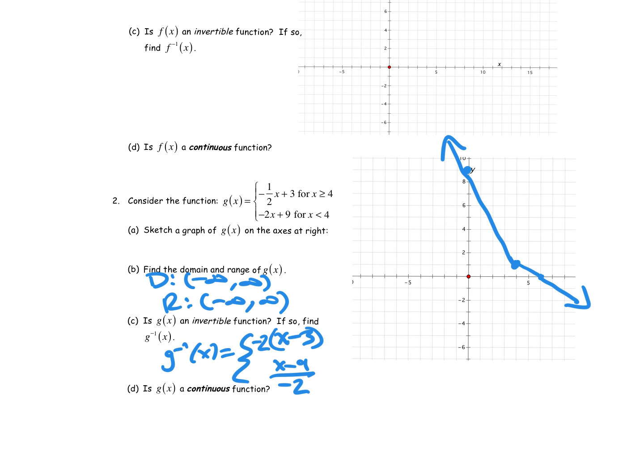If we remember back to the first piece when we graphed it, this here was the first piece. So that has a range of y less than or equal to 1. So my domain restriction for the inverse will be x less than or equal to 1.